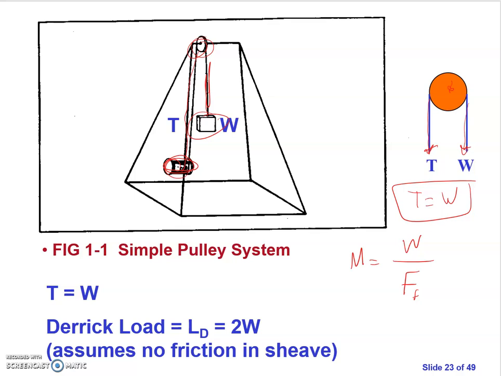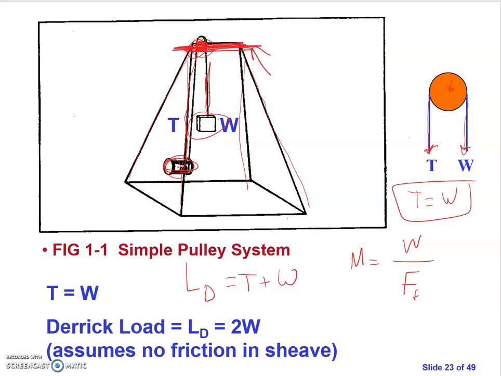Now, how much force are you putting on the derrick for this system? The derrick is this, again, four-legged structure. How much force are you putting on this point? There are two forces acting on that point, W and T. So the total force acting on the derrick, or derrick load as we call it, is T plus W, which acts on the top here.